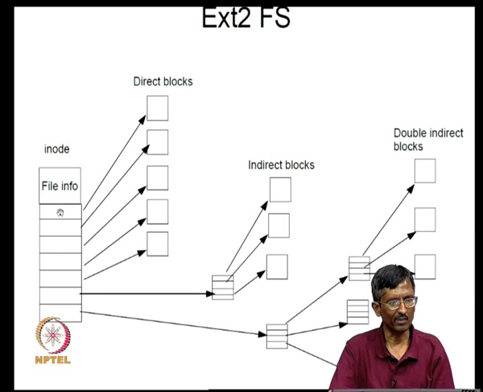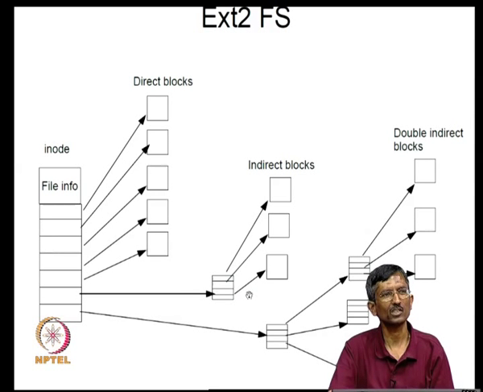So, essentially you are able to access about 7 into 4K or 8 into 4K directly, about 28 or 32 kilobytes directly. Then if this itself is 4 kilobytes, you are talking about 1000 addresses here. So, 1000 into 4 kilobytes, 4 megabytes. Now, we have gone from about 28 kilobytes to about 4 megabytes.